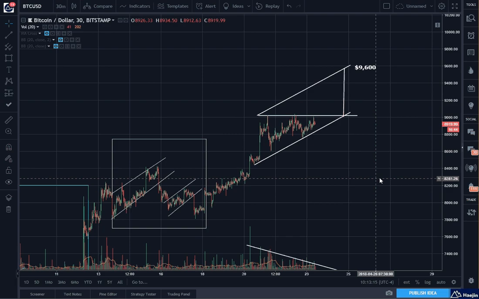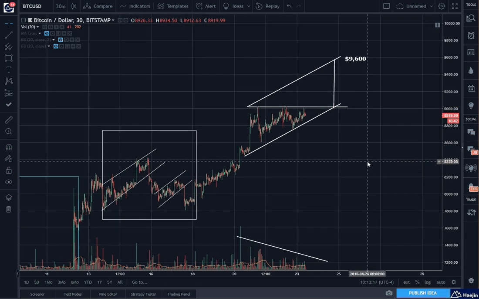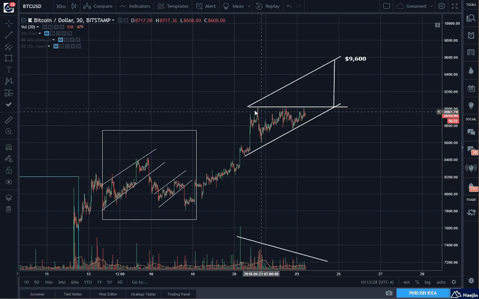So I'm pretty excited by this. I think this is quite bullish. And if we can hit the 9600 in the next day or so, maybe even today, that would allow and confirm this as the ascending right triangle with the declining volume.